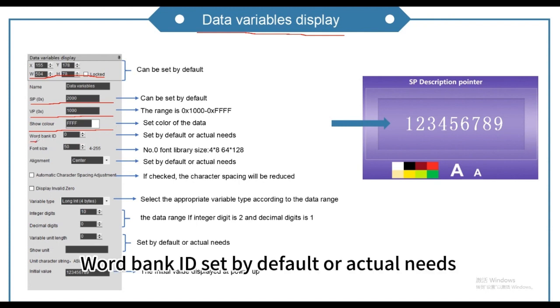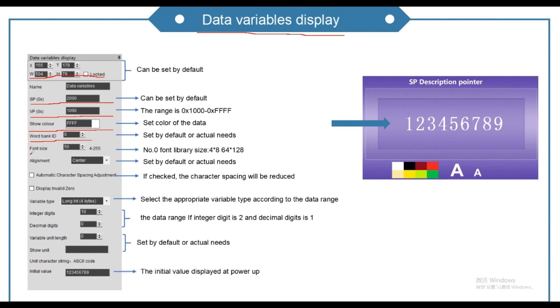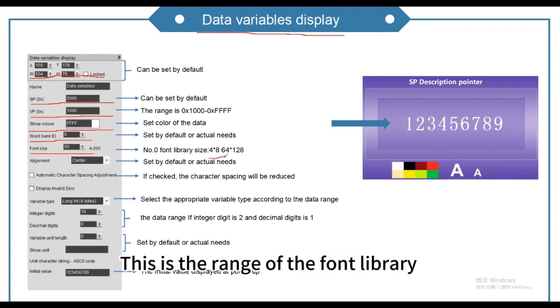Word bank ID is set by default or by actual needs. Font size, I set 50. This is the range of the font library.